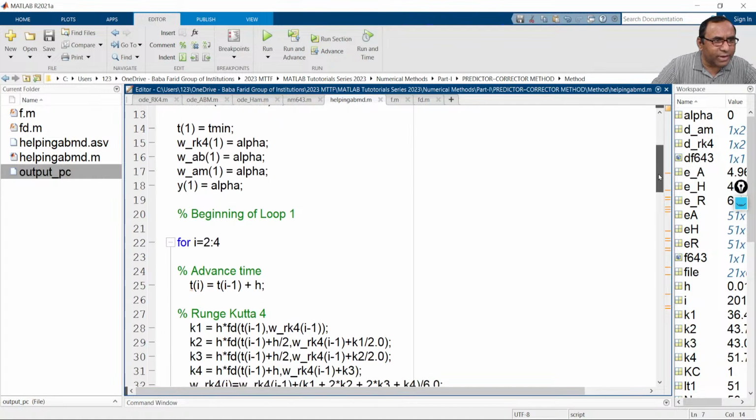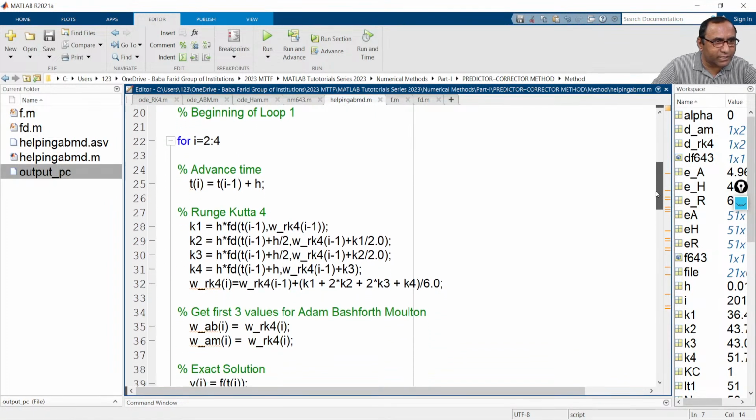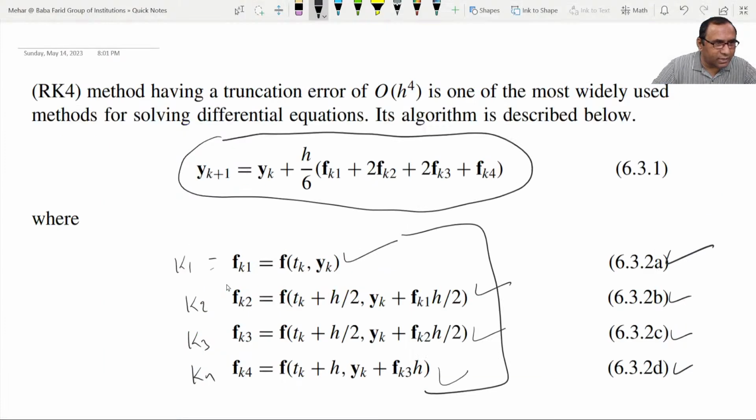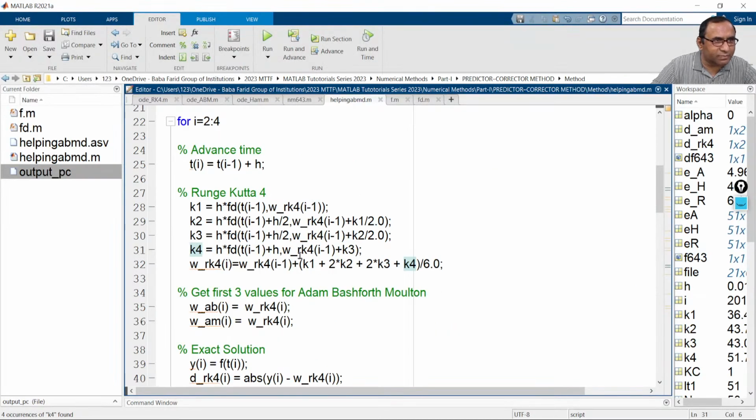Now you can scroll down and note these equations. This is the K1, K2, K3, K4. Okay. So our main formula is at this place, this one: y_k is equal to 1/6 of f(k1) plus 2 f(k2) plus 2 f(k3) plus f(k4), and we have this one at this place.